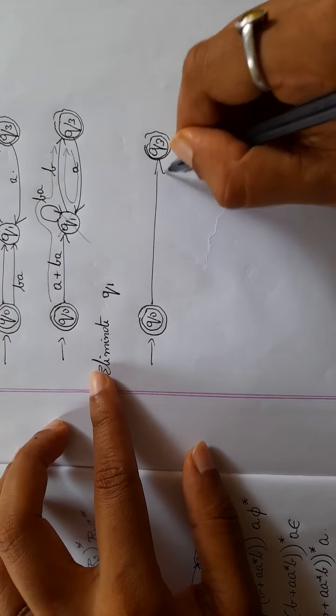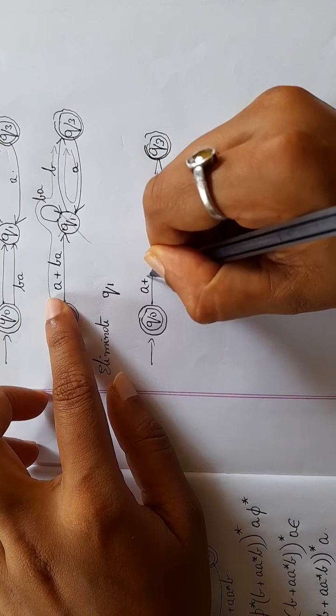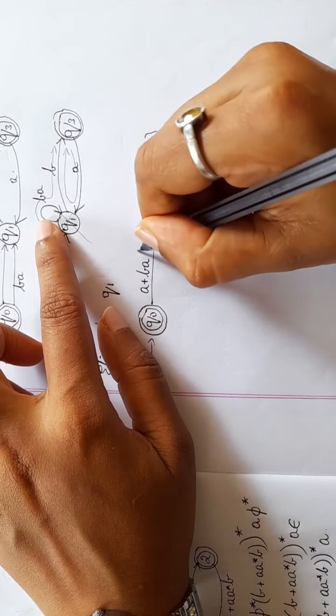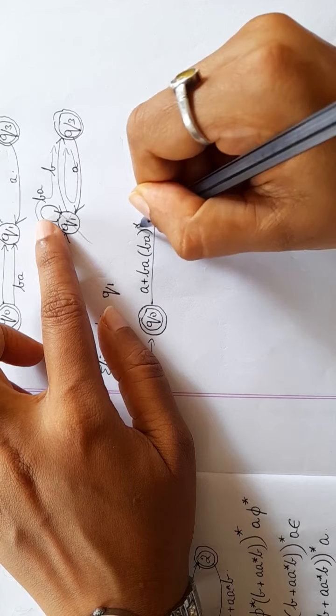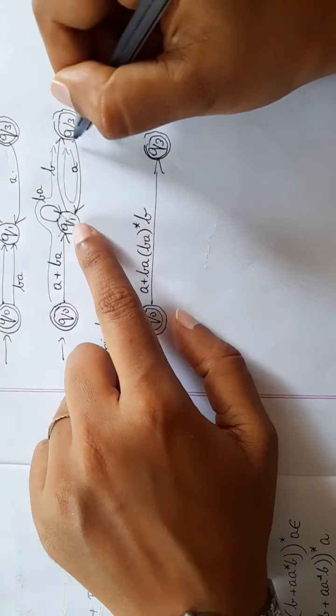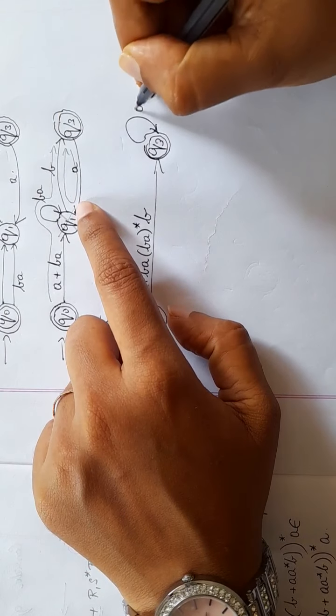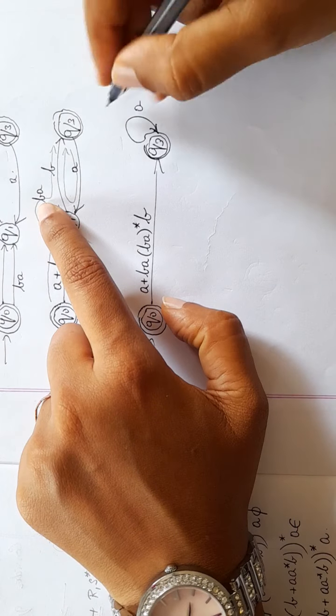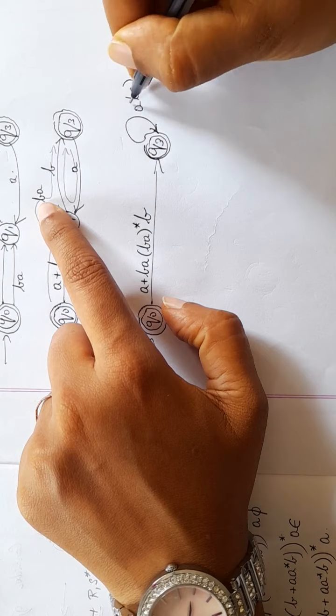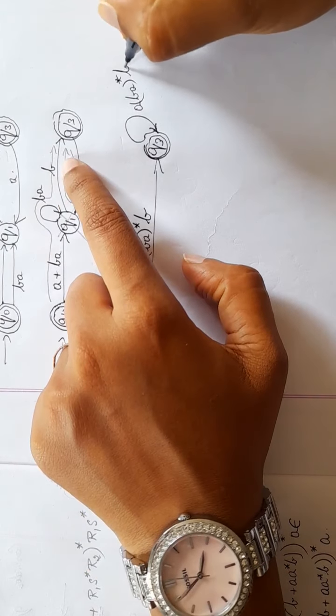I have a transition here, that is A plus BA. I have a loop here, that is BA star, and then B. Next is this one, a loop here. So what is this loop? I have A, and then I have BA star, and then I have B.